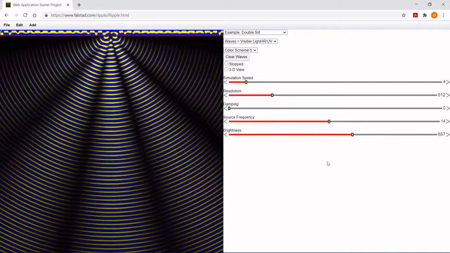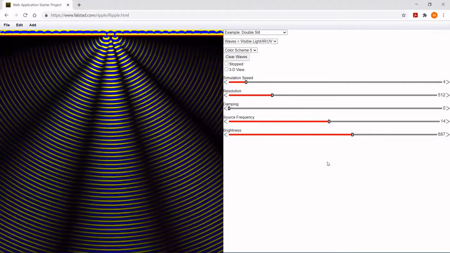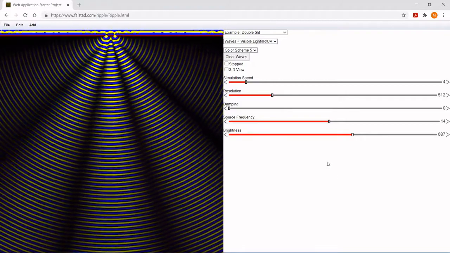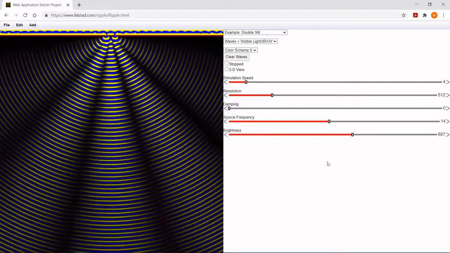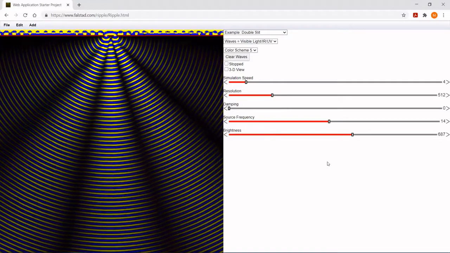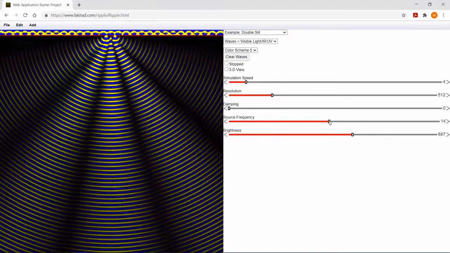And let's see if we can confirm the same behavior that we observed a moment ago. So I'm going to increase the frequency, which makes a shorter wavelength. What did we see for short wavelengths? The shorter the wavelength, the more closely spaced the nodal and antinodal lines are. Here I go.